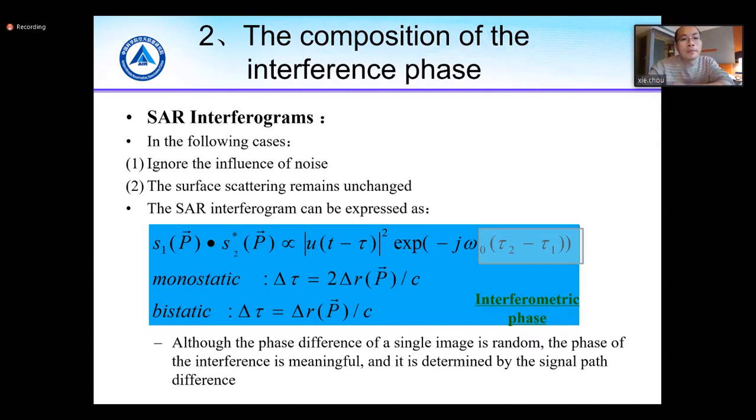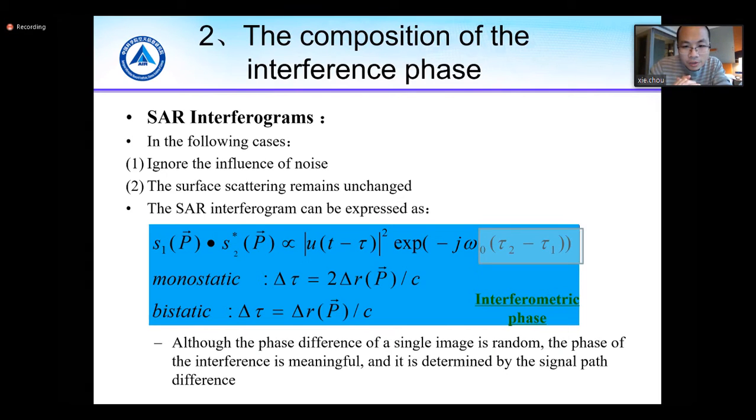For a monostatic system, delta T, the transmit time, equals 2 delta R divided by C, where C means the speed of light. For the bistatic system, delta T equals delta R divided by C.